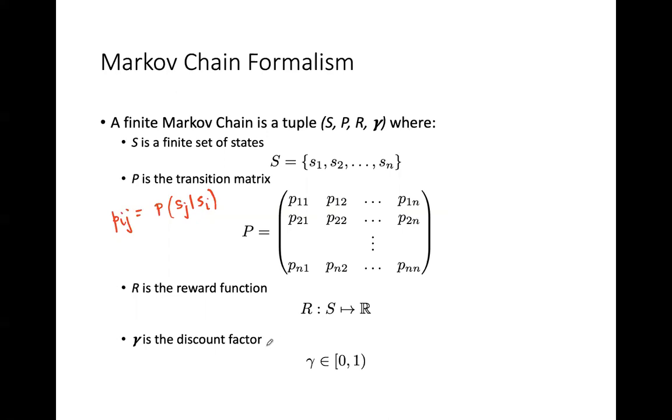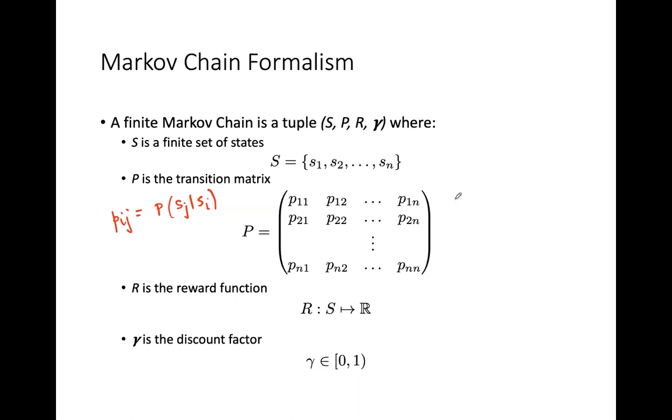Typically, we just use a fixed discount rate across the entire system. You could, I suppose, in principle, choose a different discount factor for different parts of your system, but that's typically not done because that becomes a harder formalism to work with. So typically, this is just a scalar.